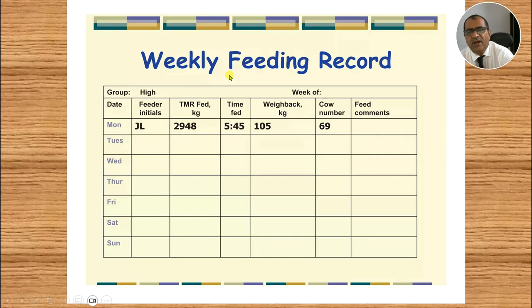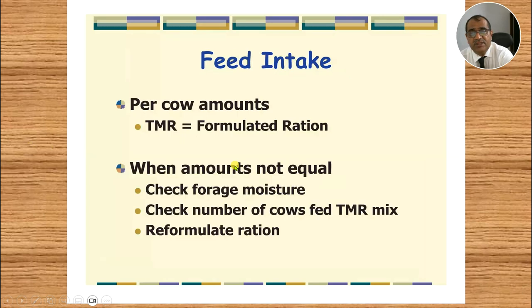Then we need to have a weekly feeding record: the TMR feed, how much, the time of feeding, weigh-back in kgs, number of cows, etc. And ultimately it needs to be signed by the farm manager. Then feed intake per cow amounts to TMR equal to the formulated ration. When amounts are not equal, check forage moisture, check the number of cows fed the TMR mix, and reformulate the ration.